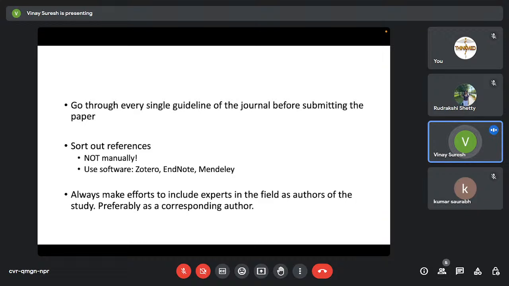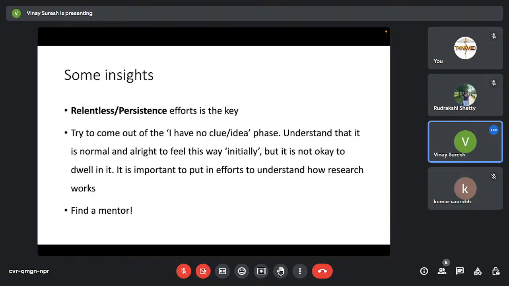Especially, let's say you write a narrative review. Narrative reviews are mostly solicited in nature. No journal would want to accept a narrative review from a person who's not an expert in the field. So to improve your chances of publication, to add more value to your manuscript, please consider adding an expert in the field as an author.